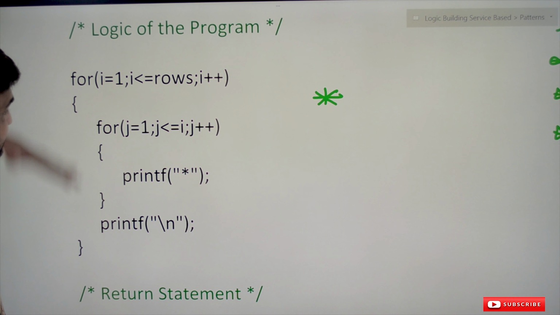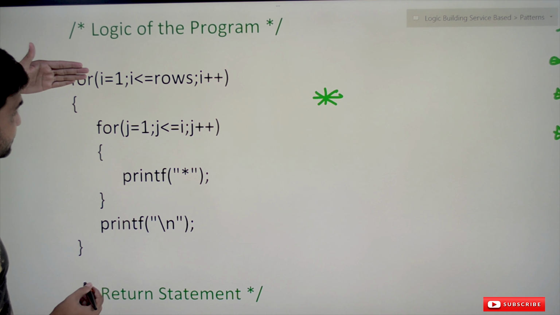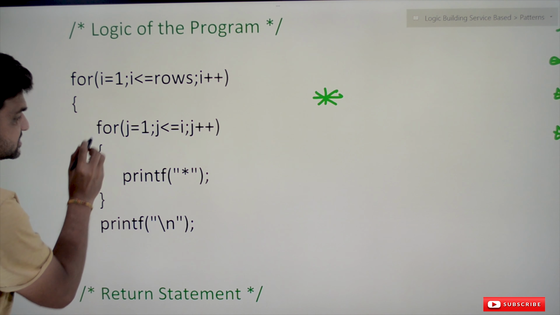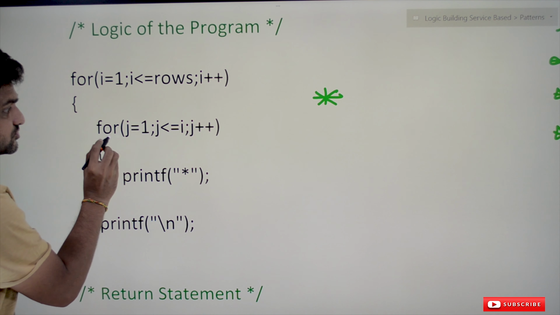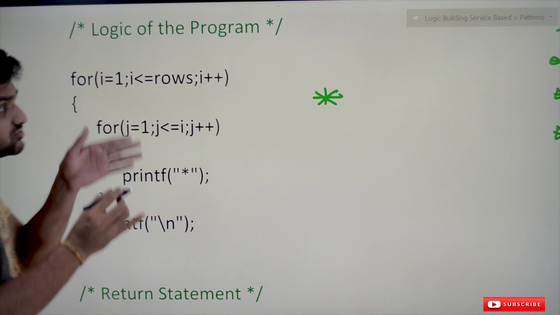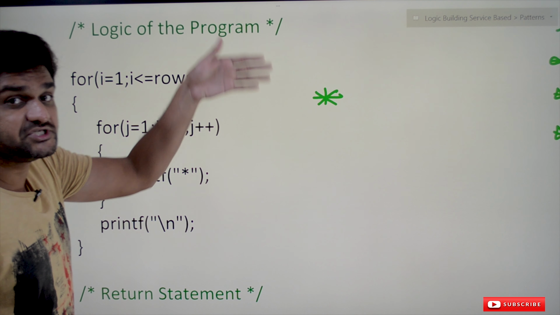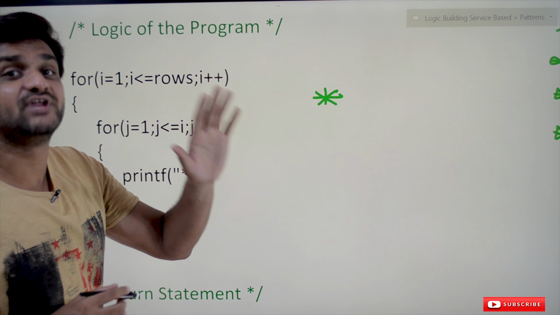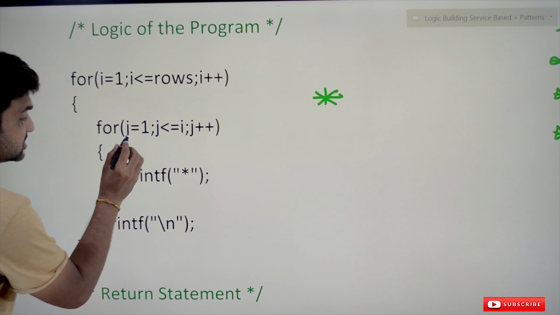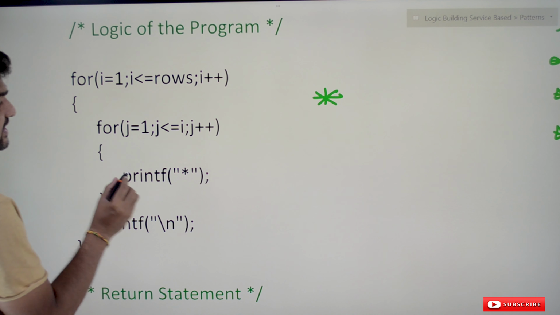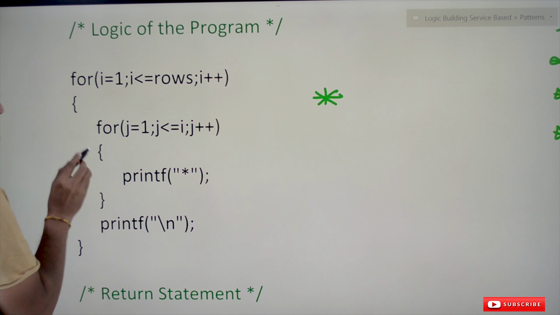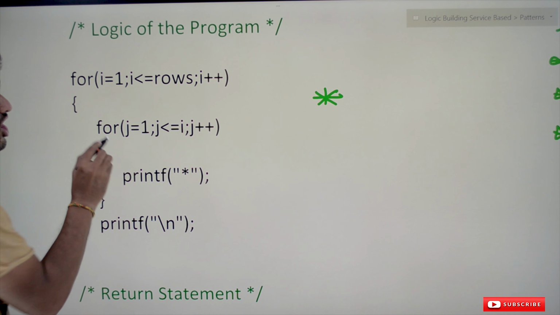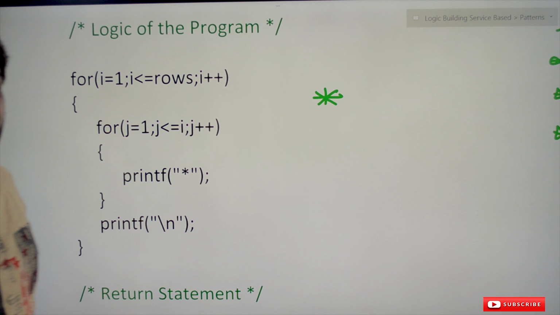In the next iteration, whenever we come into this internal for loop, according to the row in which we are, that many stars will get printed. What is the logic of this for loop? j is equal to 1. Every time we come into this loop, how many times is it going to iterate? That is the logic we have to understand.